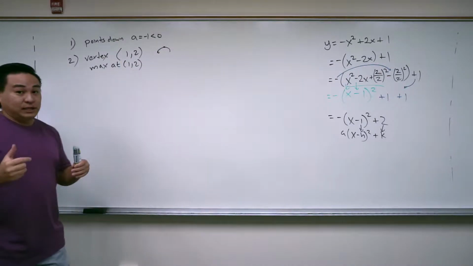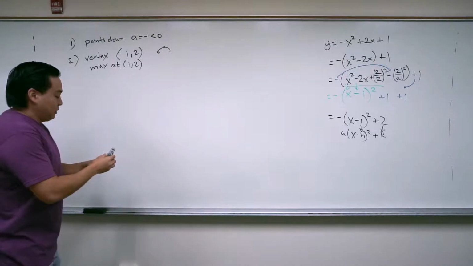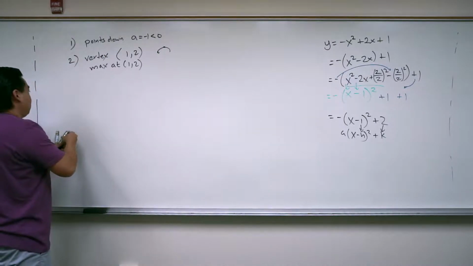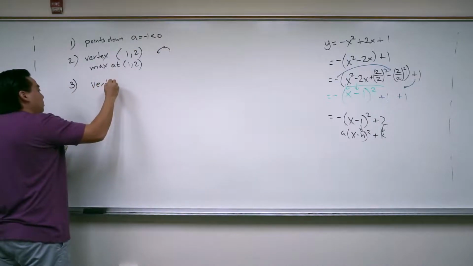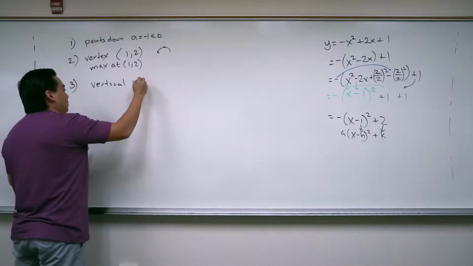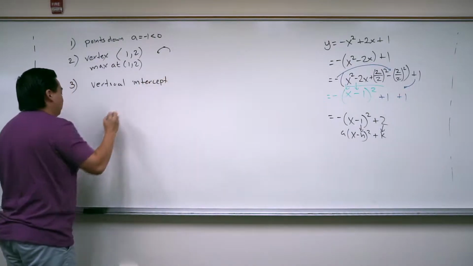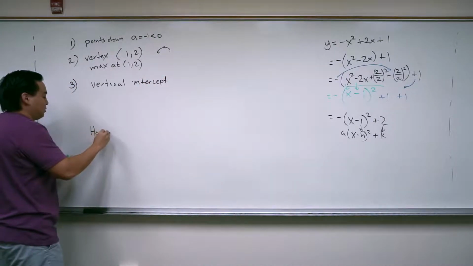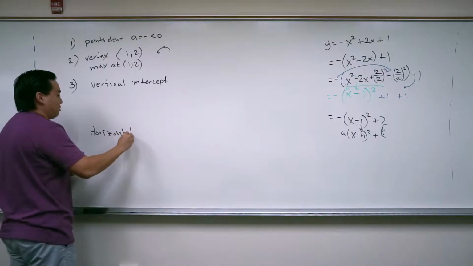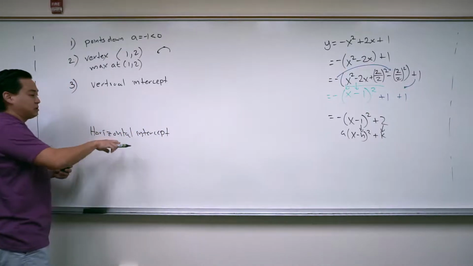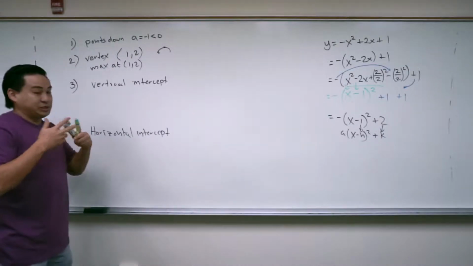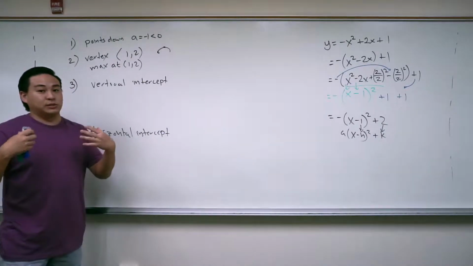Next, we need to find all the intercepts: the vertical intercept and the horizontal intercept. Remember, the word intercept tells you where it intersects.